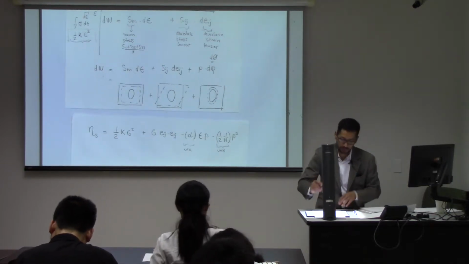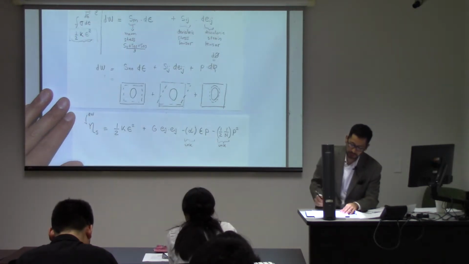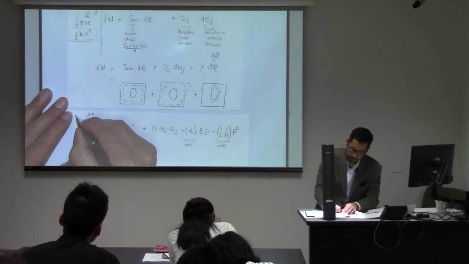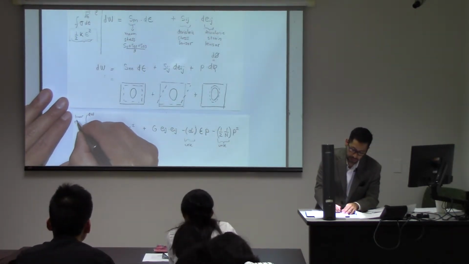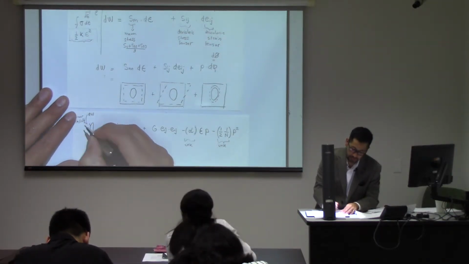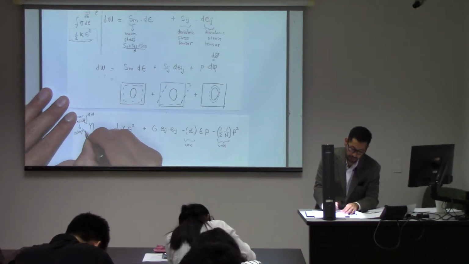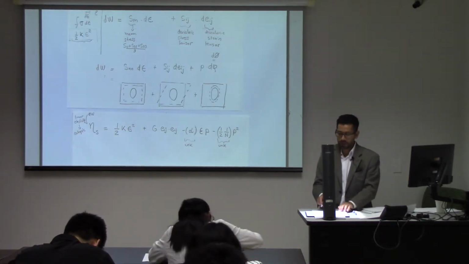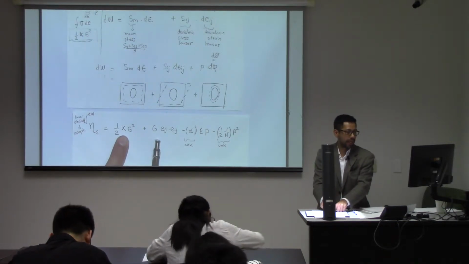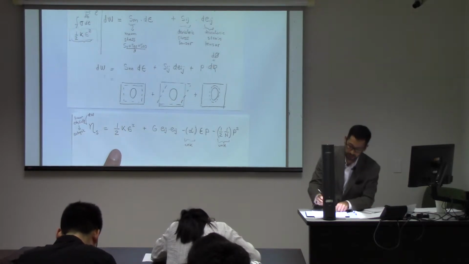So going from dW to here, I have assumed linear elasticity, and furthermore, I have assumed that I have an isotropic solid. Why? Because I just have two elastic constants, K and G: bulk modulus, shear modulus.